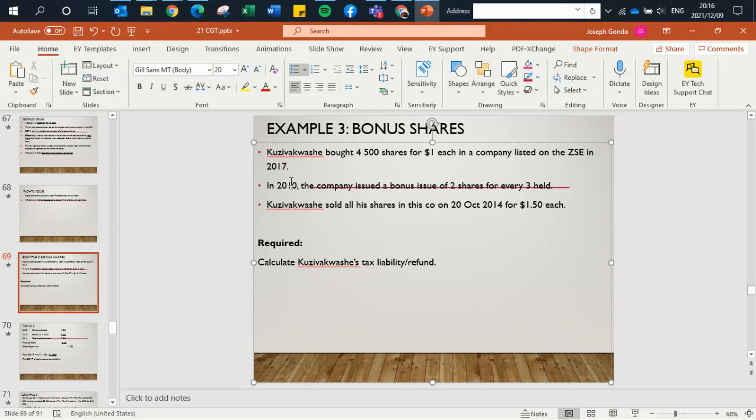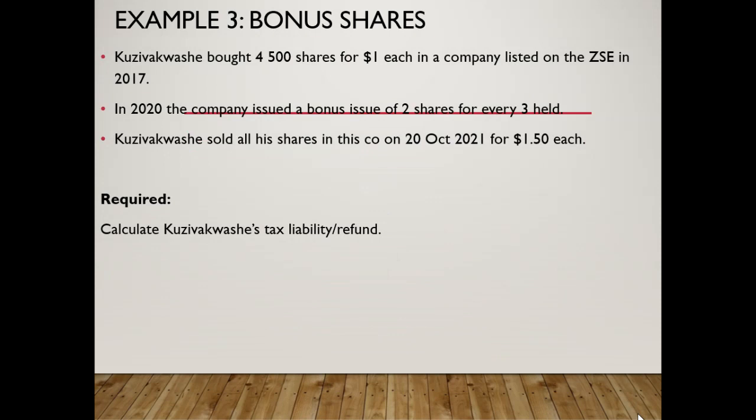In 2020, the company issued a bonus issue of two shares for every three held. Kudakwa sold all his shares in this company on 20 October 2021 for $50 each. Calculate Kudakwa's tax liability or refund.